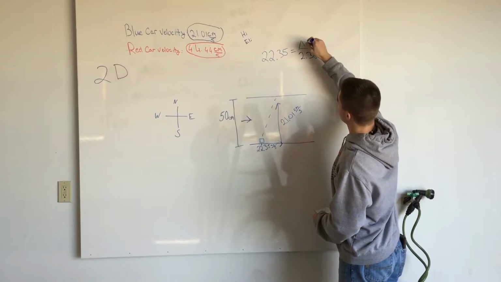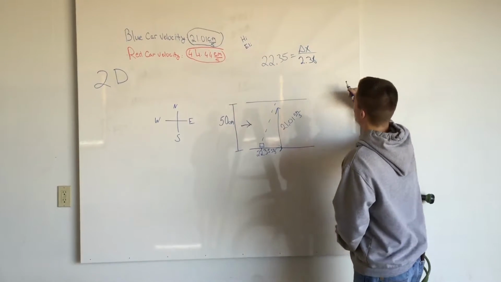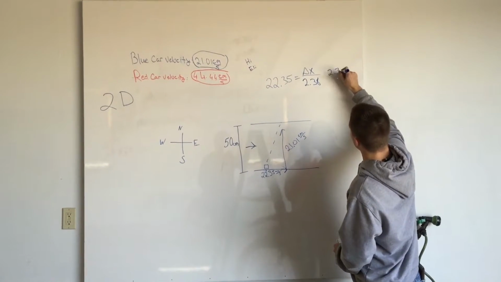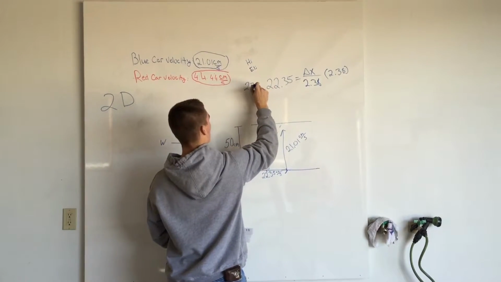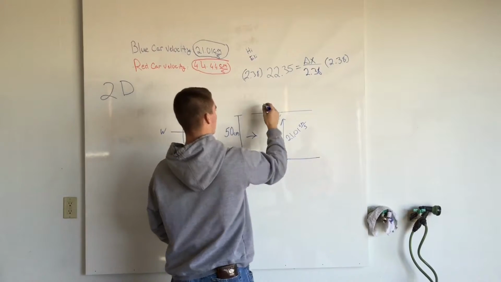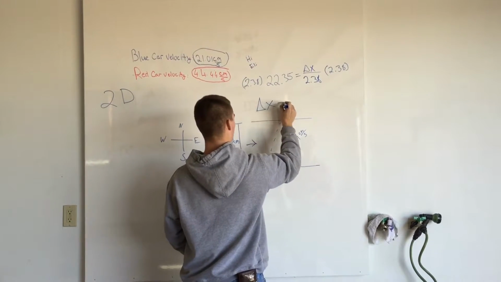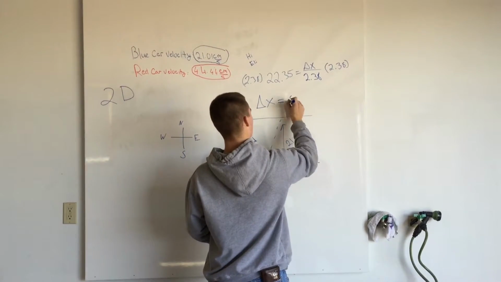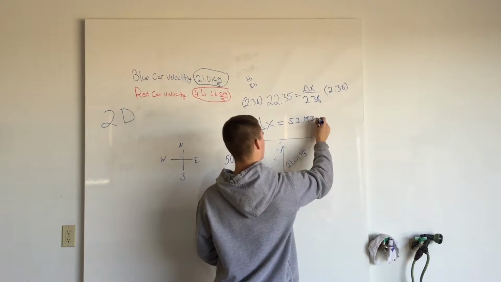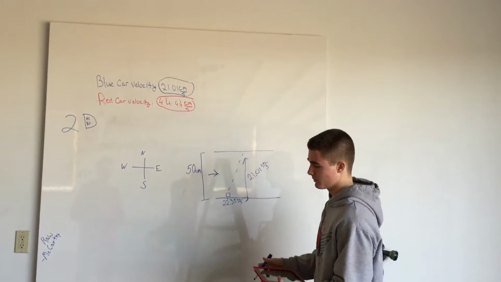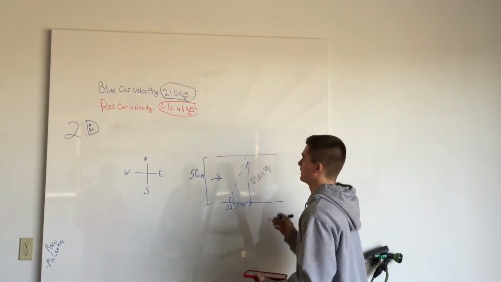We're going to set that over delta x, this is what we're trying to find. Once we multiply those out, that's going to give us a displacement of 53.193 centimeters.